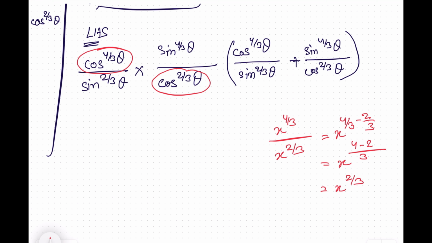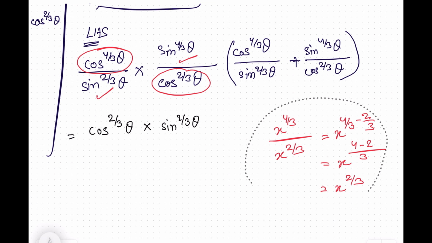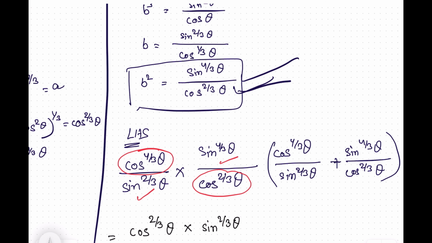So similarly, we can write for the sine as well. Let's do that again. So here, what is remaining for the cos? Cos 2 by 3 theta, and for the sine it will be sine 2 by 3 theta. Clear? Next, for the case of this one, what can we write?